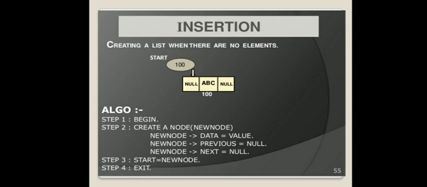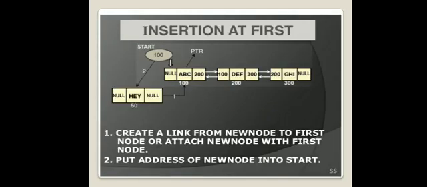Step 2, create a new node. New node of data is nothing but the value. New node of previous should be indicated by null, and new node of next should be indicated by null. Step 3, start equal to new node and exit. So this is how you are going to insert the new node in the linked list.